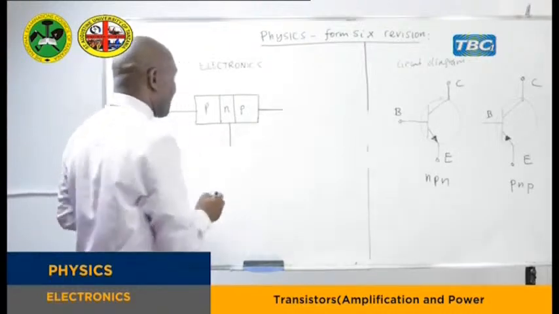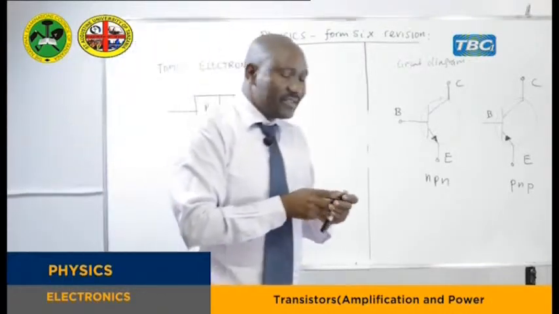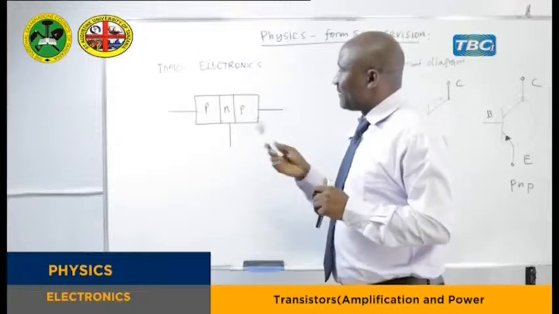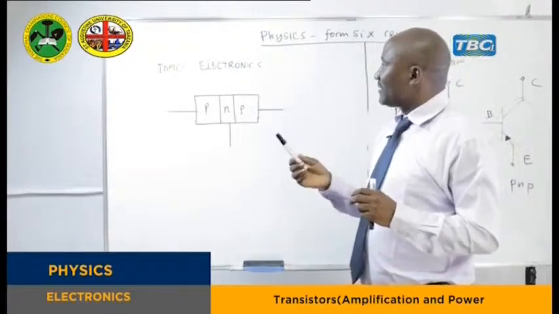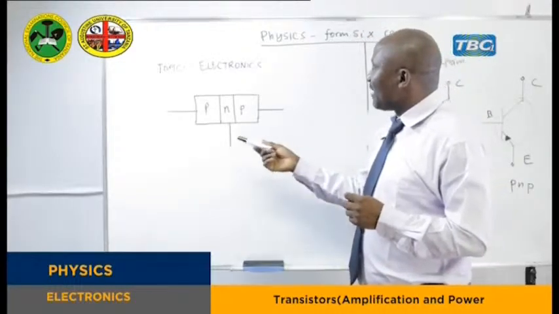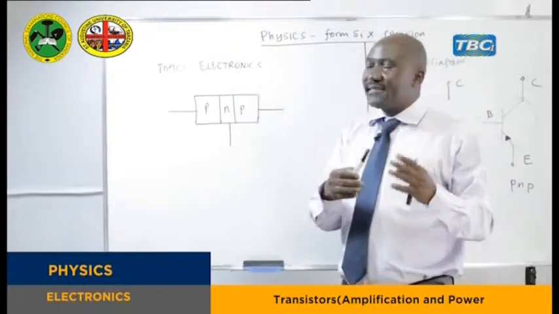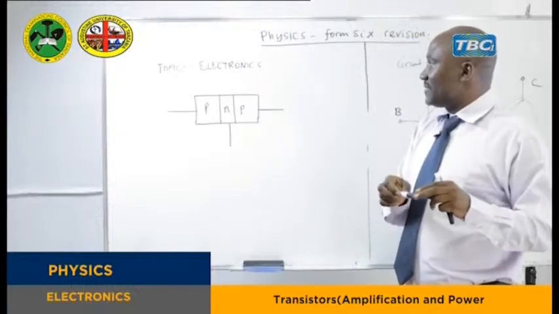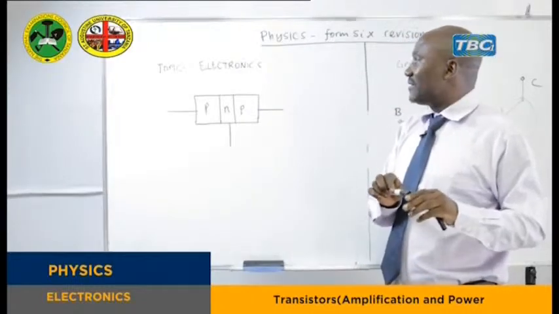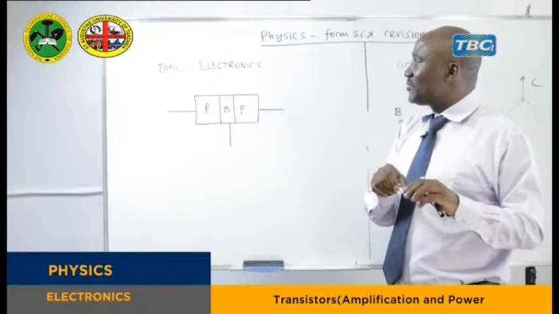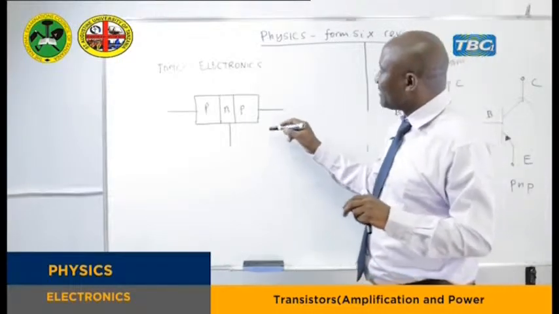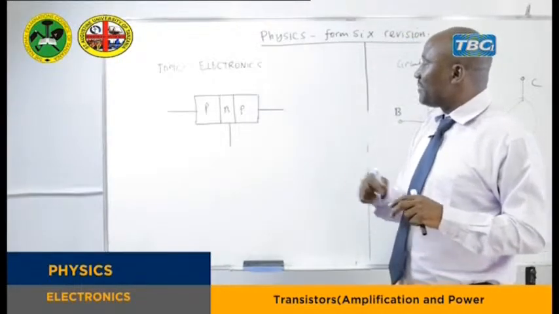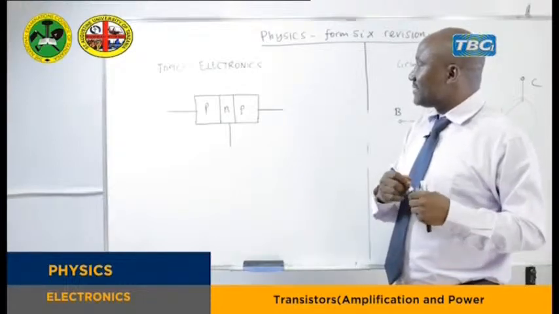Now these are the three terminals we have. The principle of a transistor is that, if you remember, it must have one side where the signals are produced. It means we have the input circuit where the signal is produced, and the other circuit which is responsible for amplification of those signals.